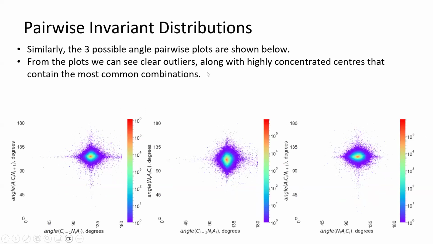Similarly, we can do the same for angles. We've got similar plots where we have high concentration around the most common angles, and we can see residues as we go further out. There are quite a lot of ones which we might deem to be outliers as we go further out.